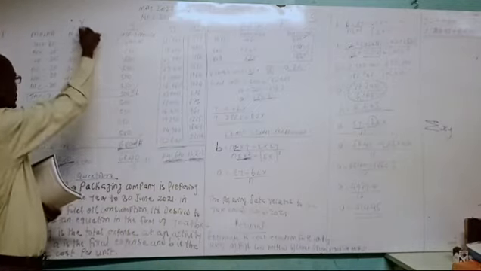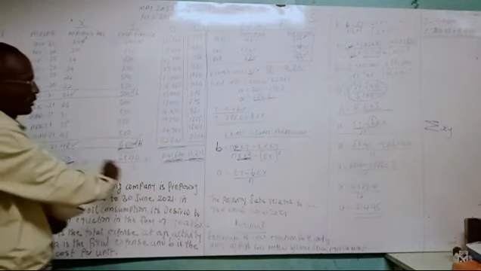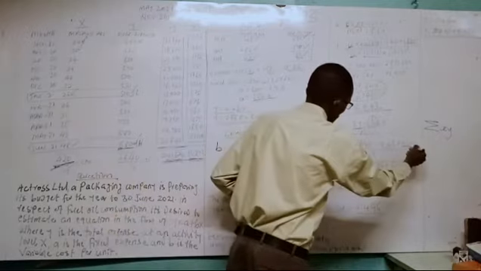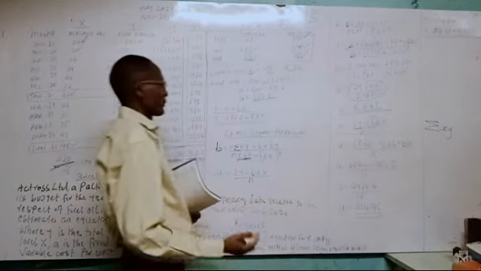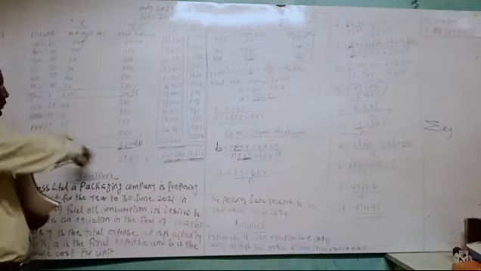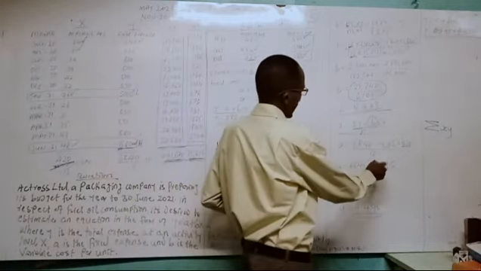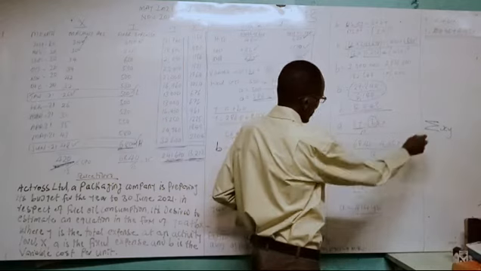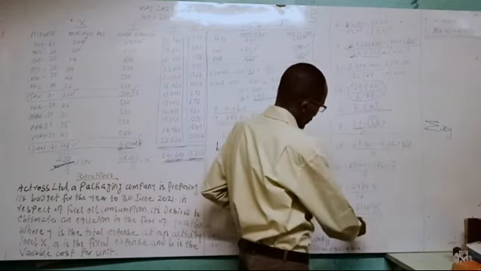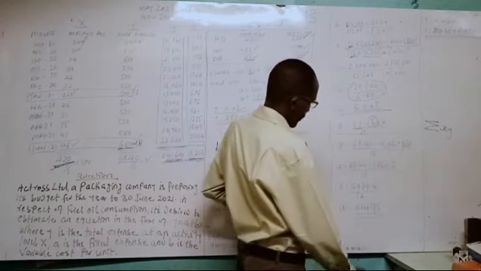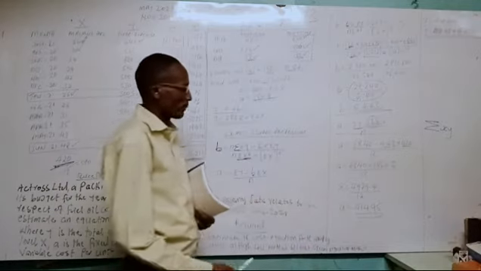Summation of x, we got 420, divided by n. We have 12 months, so we divide by 12. Once you substitute 6840 minus 1860.6 over 12, it gives us 414.95. That is our A.